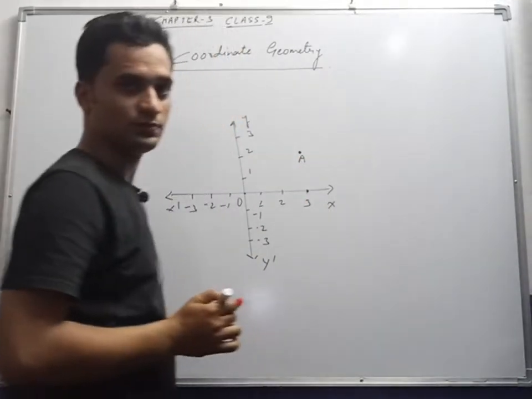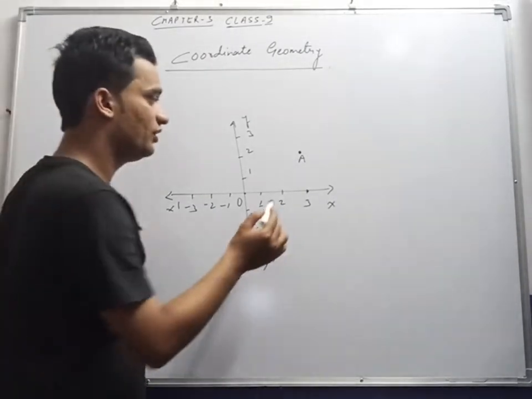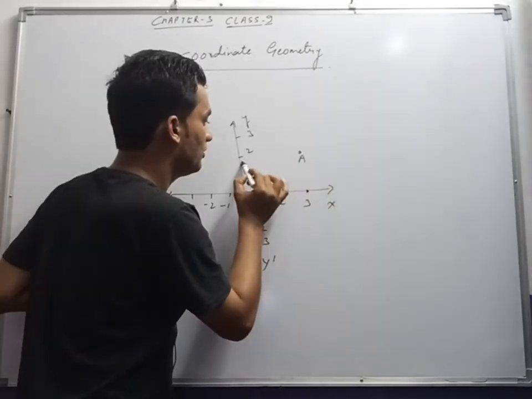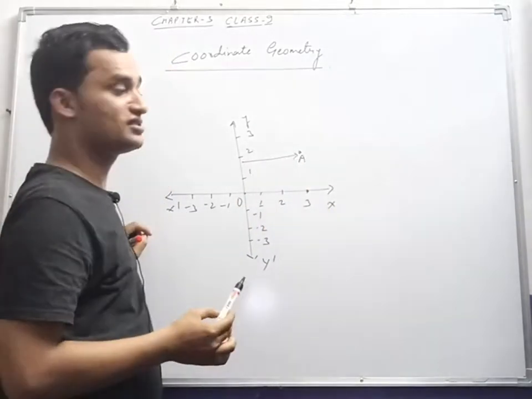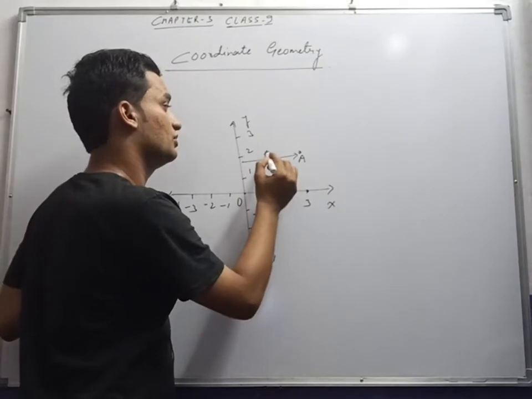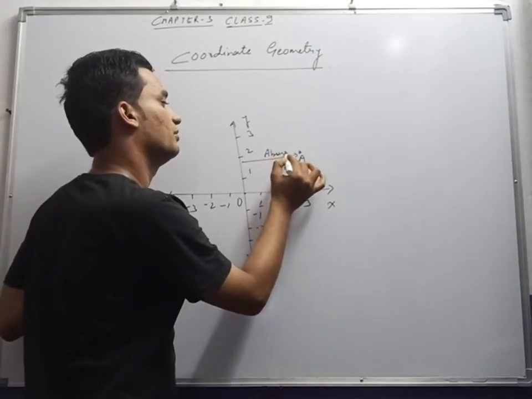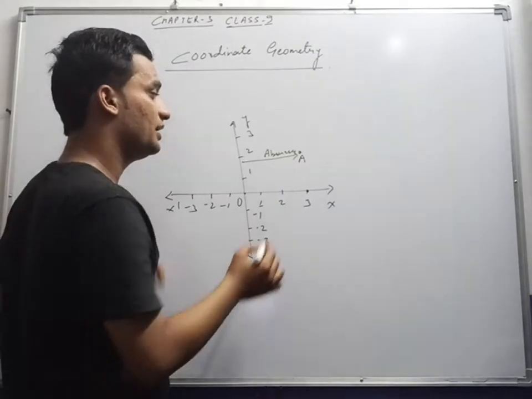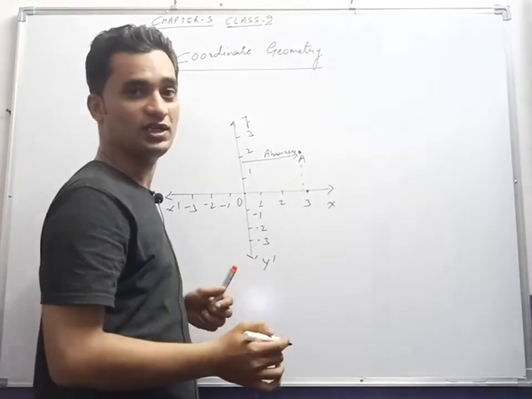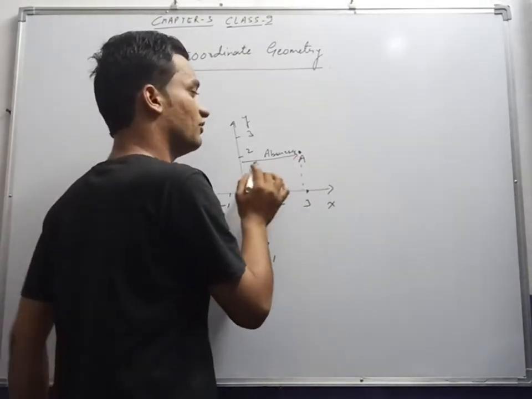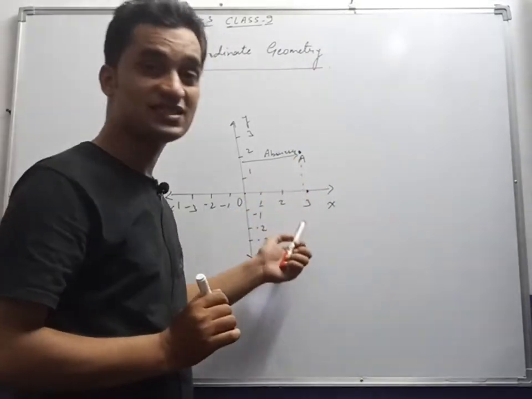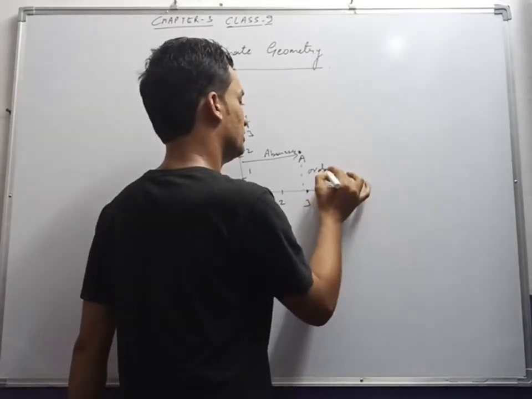Suppose a point A. The perpendicular distance of point A from the y-axis is known as abscissa. And the perpendicular distance of point A from the x-axis must be ordinate.